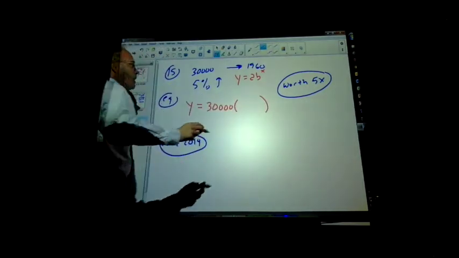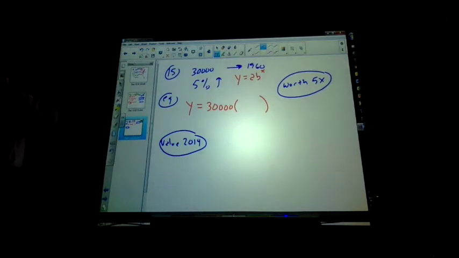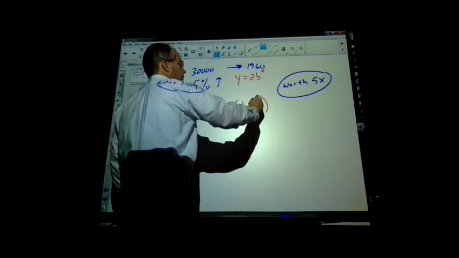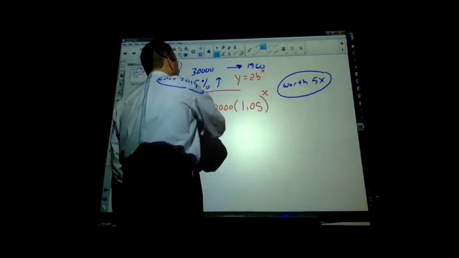It's a growth factor by 5%. So what's 5% as a decimal? 0.05. Do I add or subtract with growth? I add. So 1 plus 0.05 is 1.05. This is raised to the x.